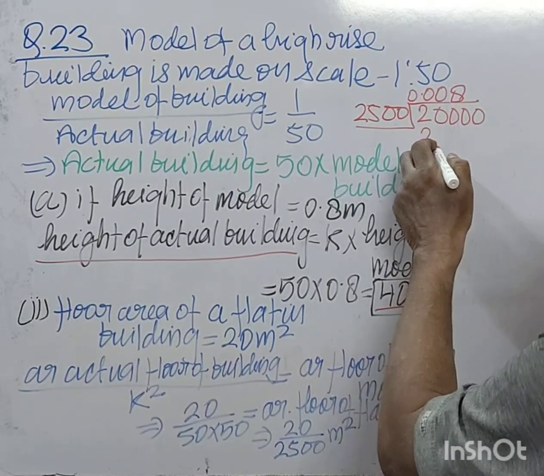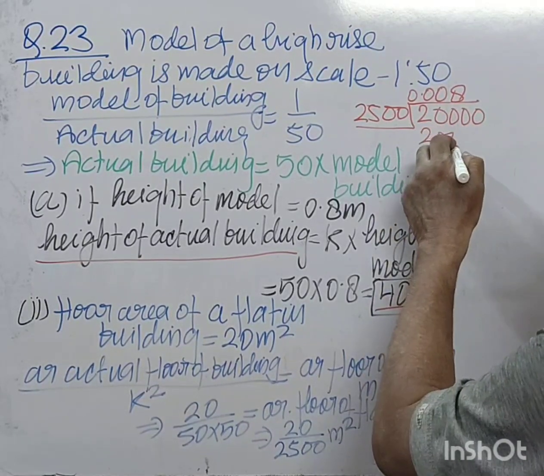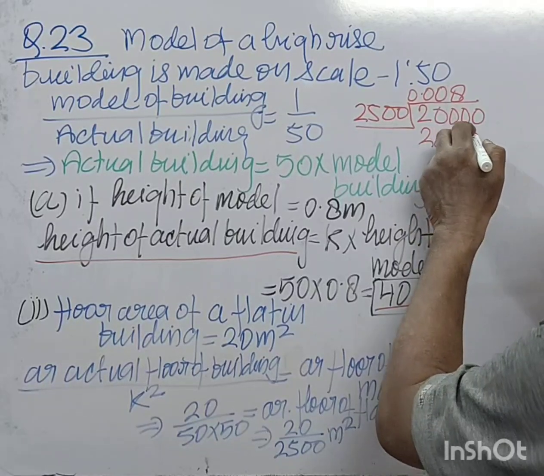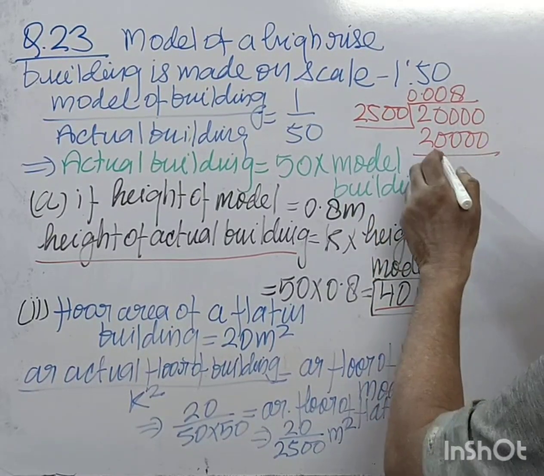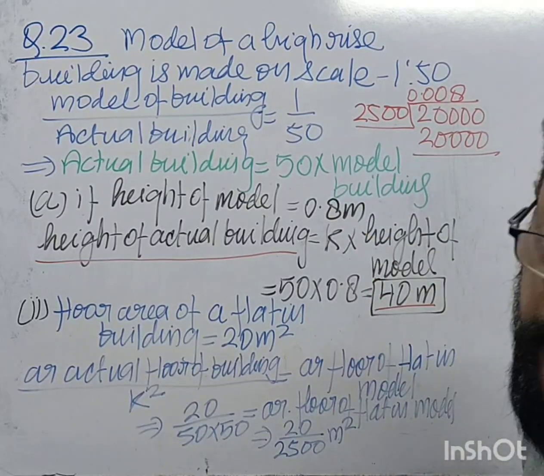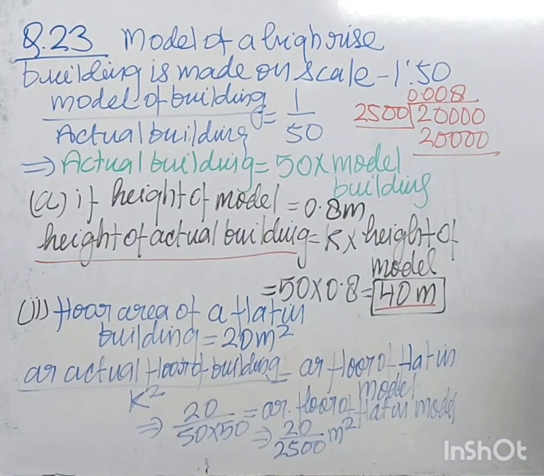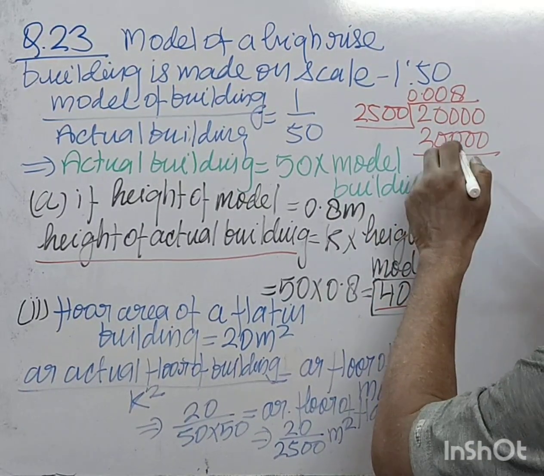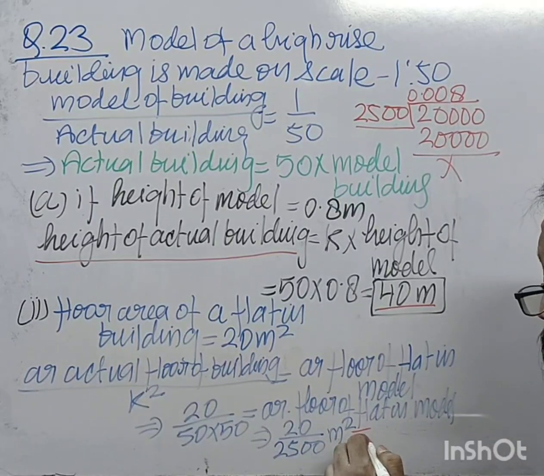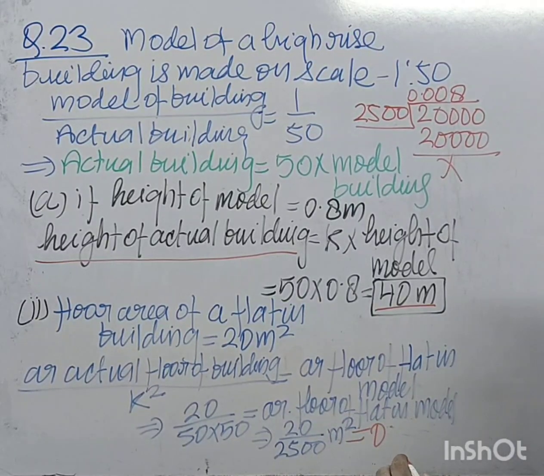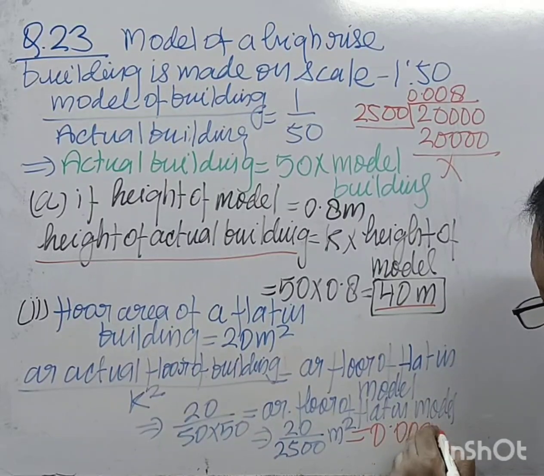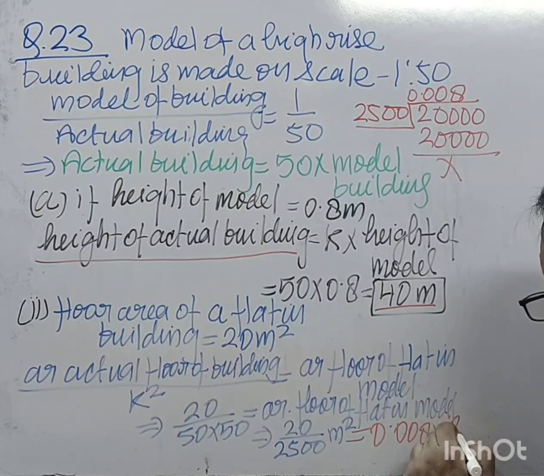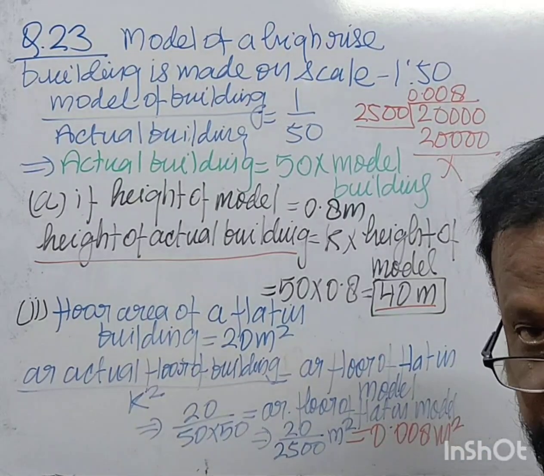Right? So it is 20,000. Is it okay? 8 times 25 becomes 200. So it is 0.008 meter square. Is it?